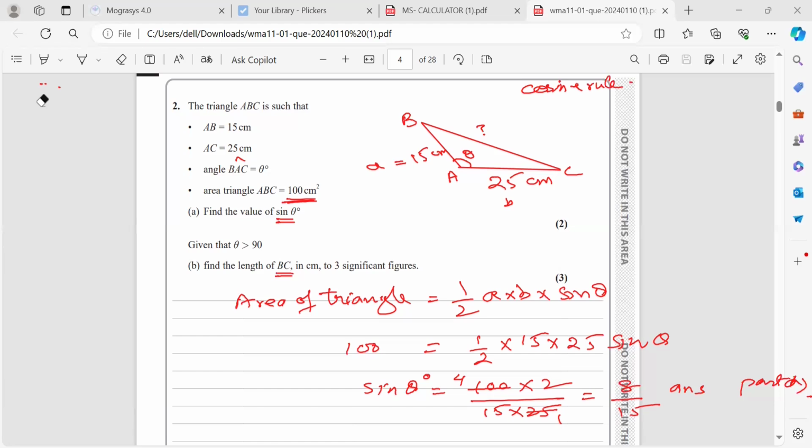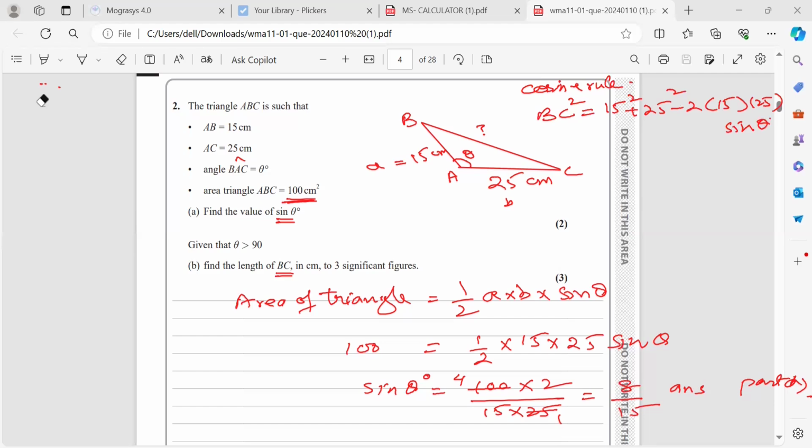BC squared is equal to 15 squared plus 25 squared minus 2 times 15 times 25 times cosine of theta.